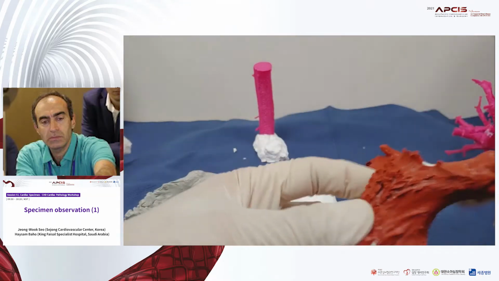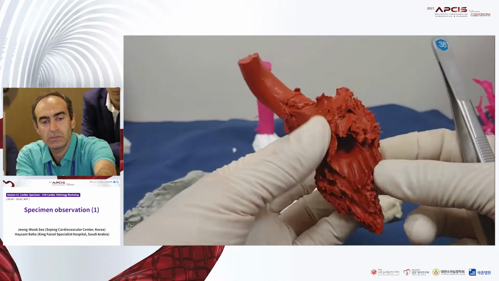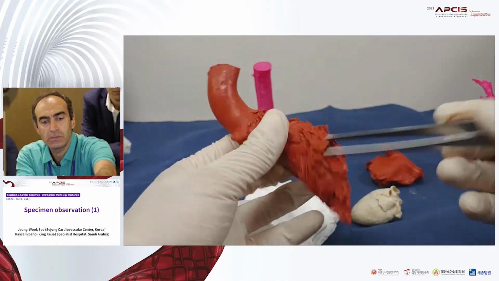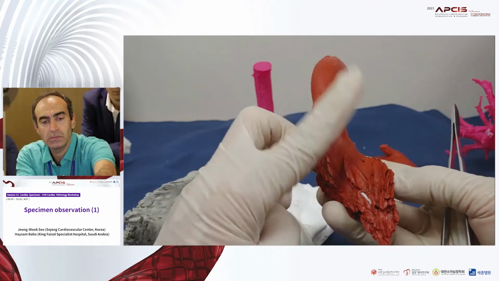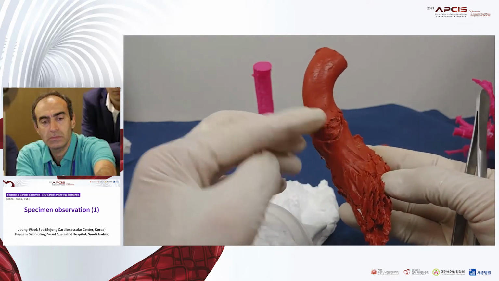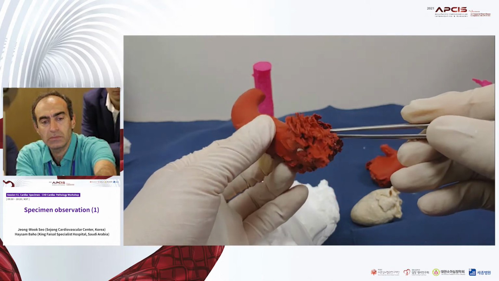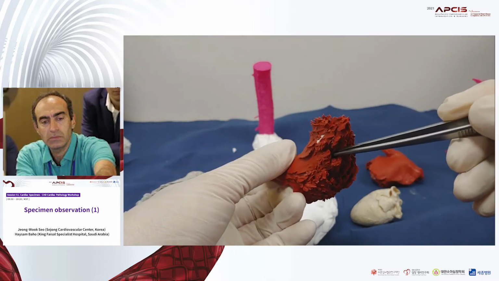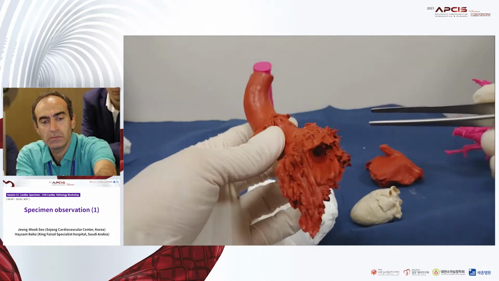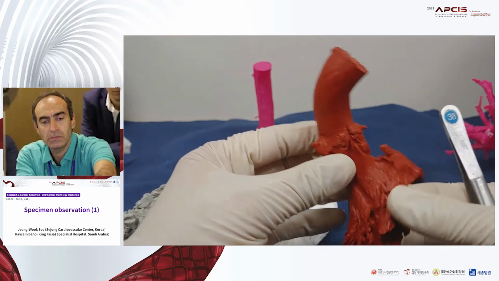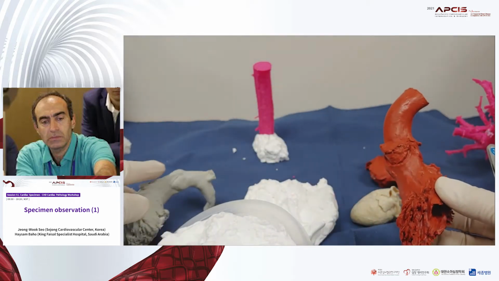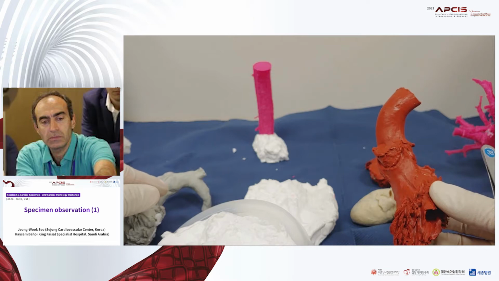You can see here the papillary muscles, and this is the smooth part of the septum. This is the ventricular septum, and these are the aortic sinuses. And here we can see the mitral valve with the anterior and posterior papillary muscles removed. So some of the cardiac structures have to be removed and therefore cannot be reproduced more than once.